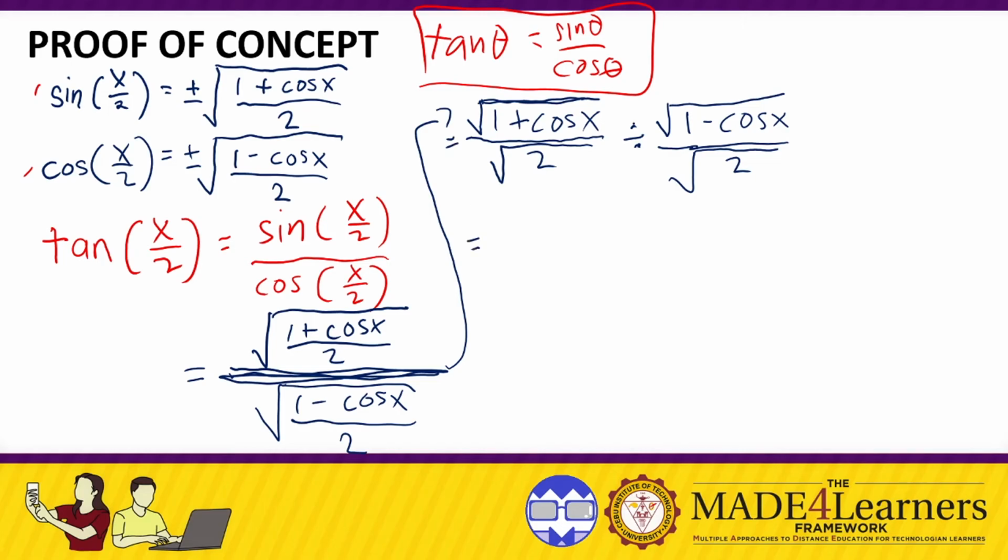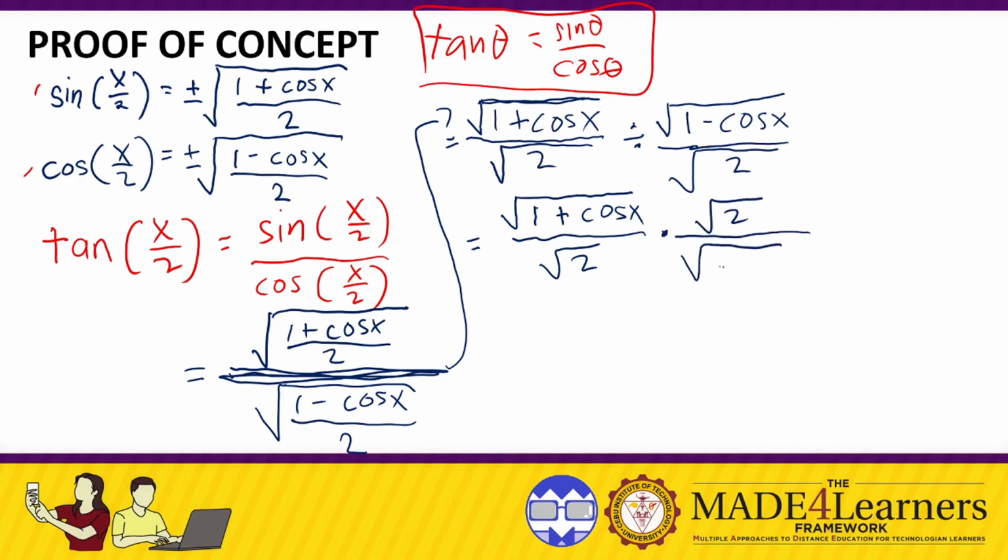Take note that this is division, so if we try to divide, it's actually times the reciprocal of the denominator. So it becomes times square root of 2 over square root of 1 plus cos x.